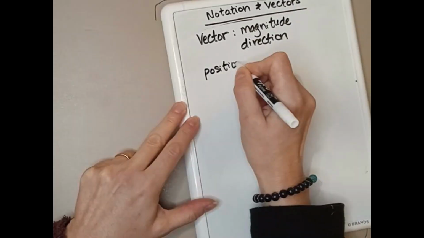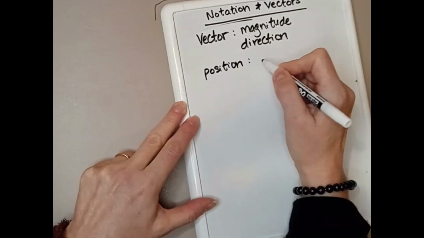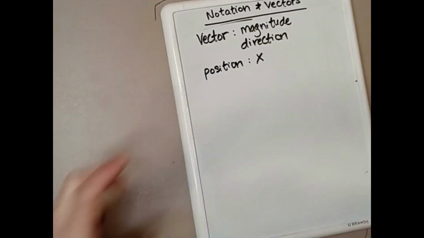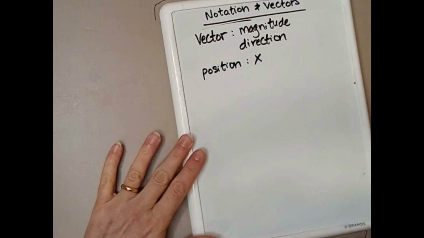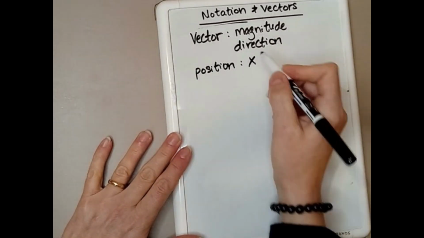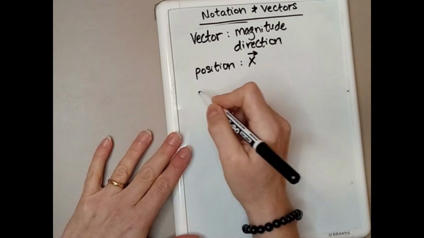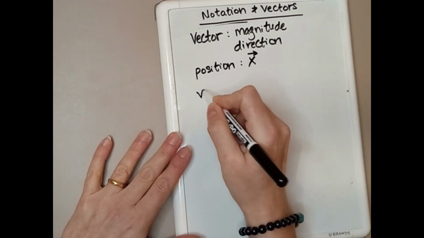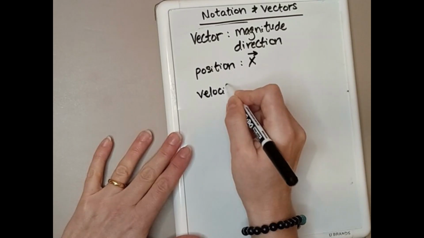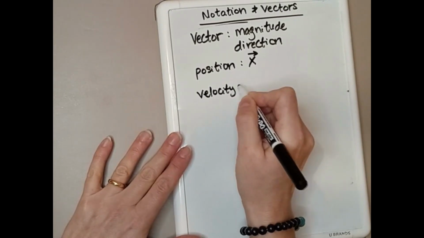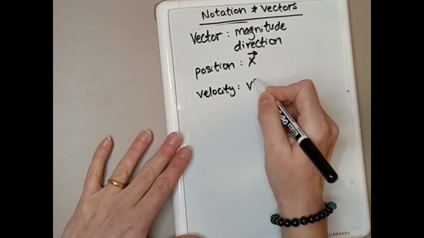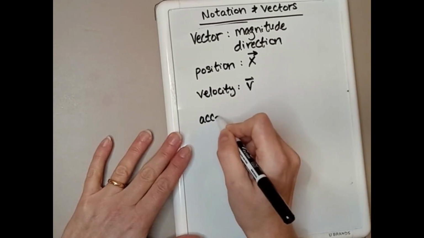Position is represented by x. And in text, you'll see vectors will be bolded, or they'll have an arrow over the top. So position is a vector, velocity is a vector, and acceleration is a vector.